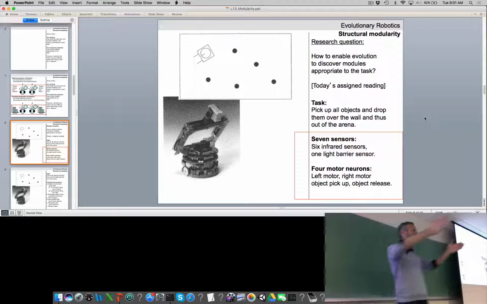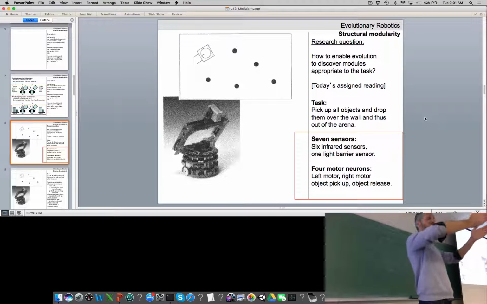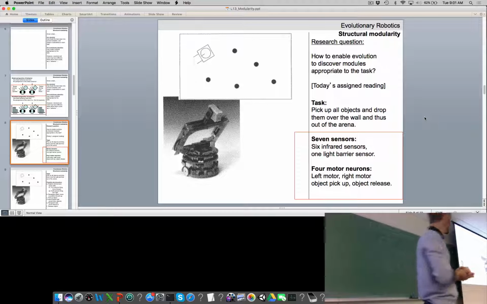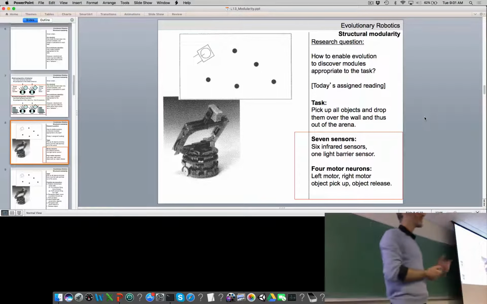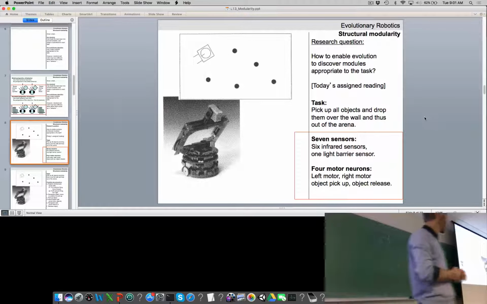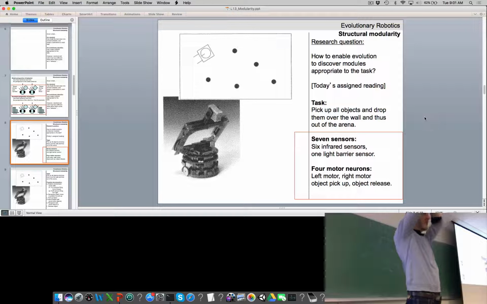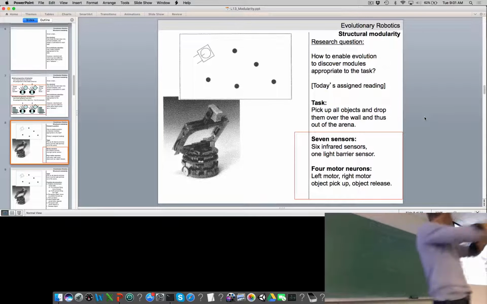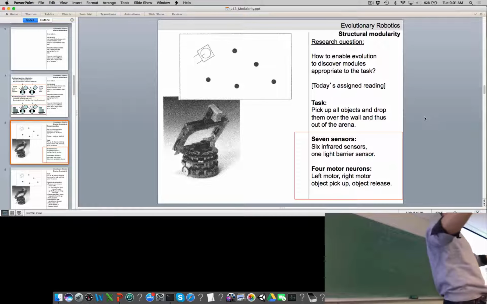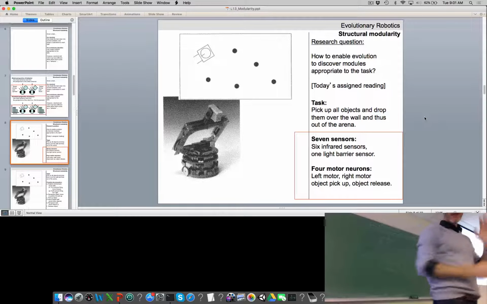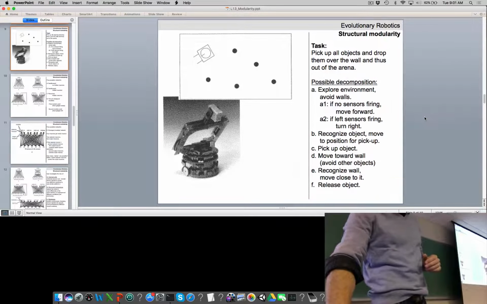So it can sense whether something is inside its gripper or not. 4 motor neurons, one which spins the left wheel, the second which spins the right wheel, and a third one which triggers this behavior, and a fourth one which triggers this behavior. So they kind of pre-program these motor primitives, these basic actions which are pick up and release. Sound good? Okay, 7 sensors, 4 motors.